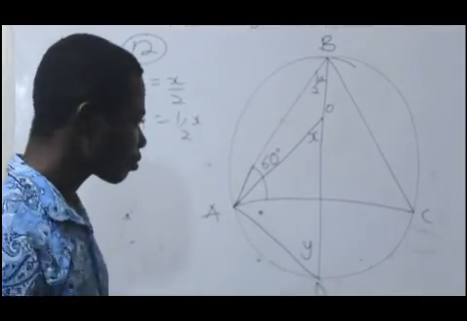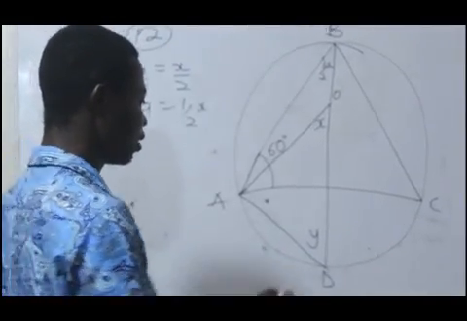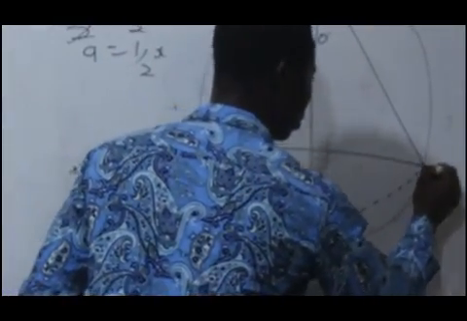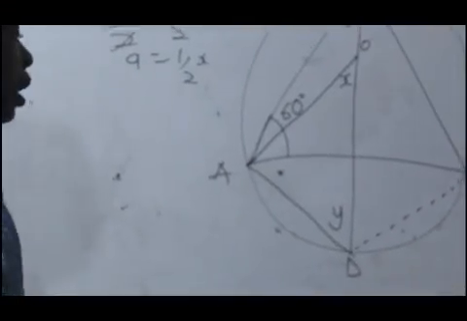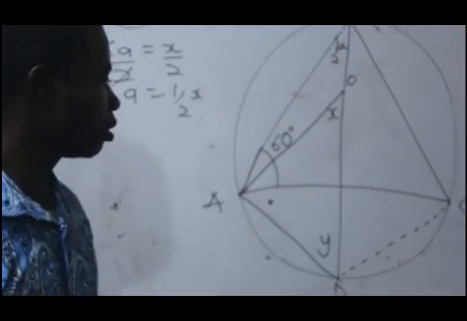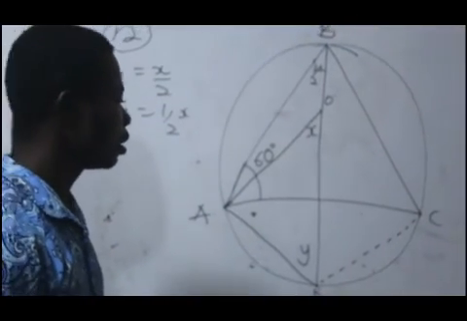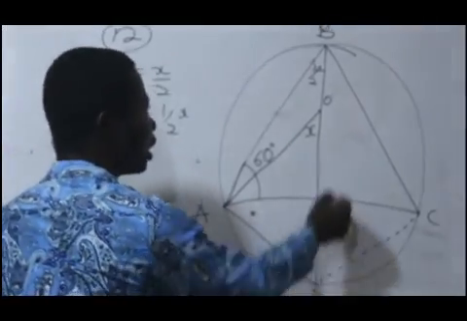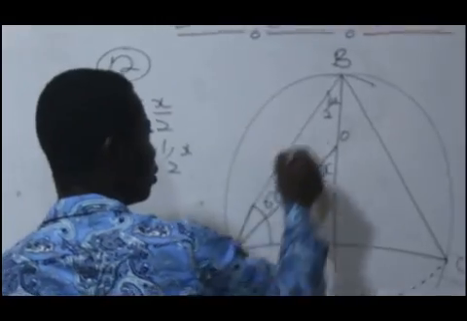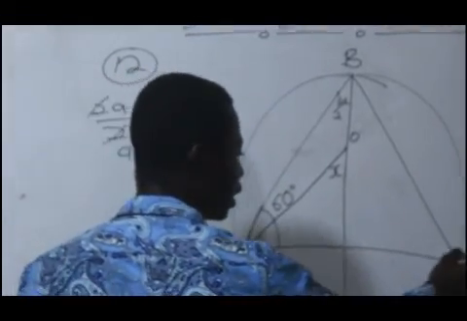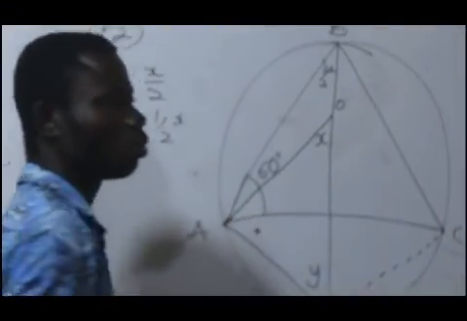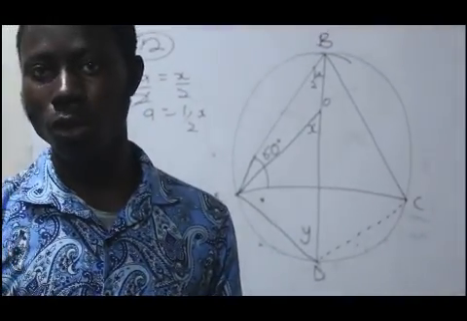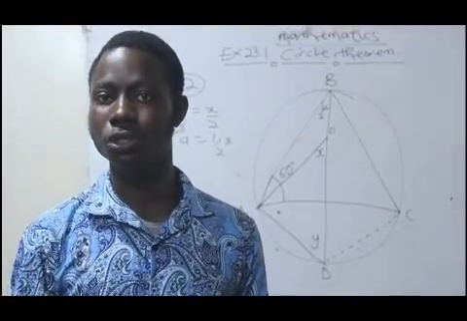Now let us assume that there is an imaginary chord joining D to C. Then we can say that the same chord is subtending an angle at C. When the same chord subtends two or more angles at the circumference, all those angles are going to be equal.